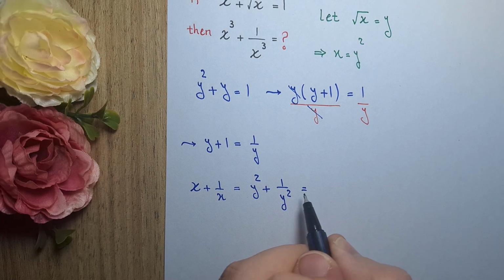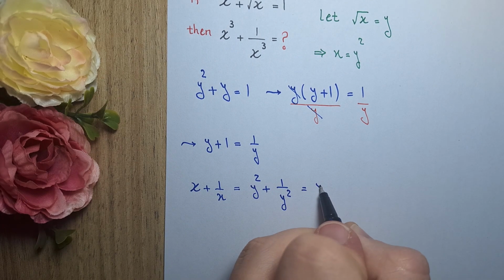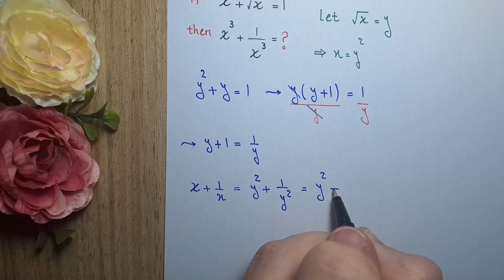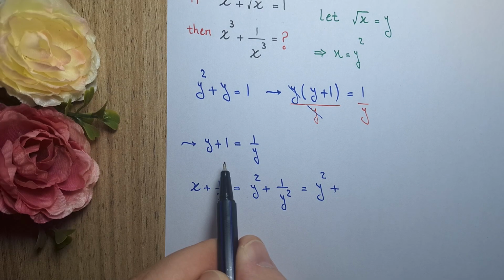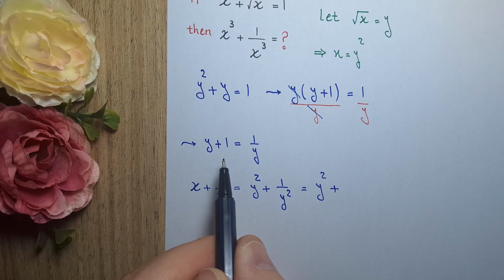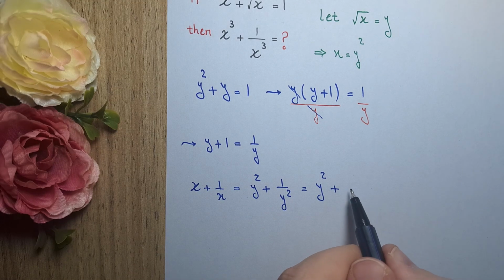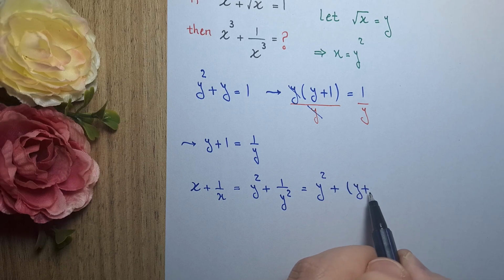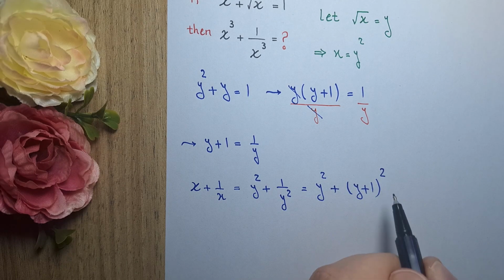This is equal to y squared plus, according to this equation, instead of 1 over y, we can write y plus 1. So we can write (y plus 1) all power 2.